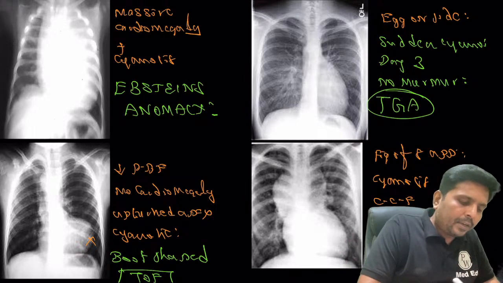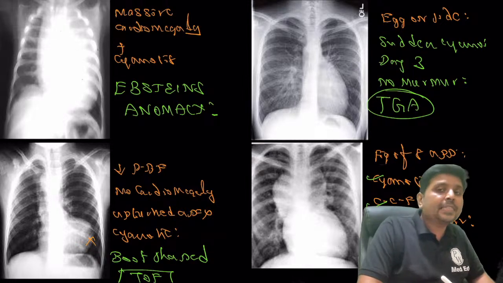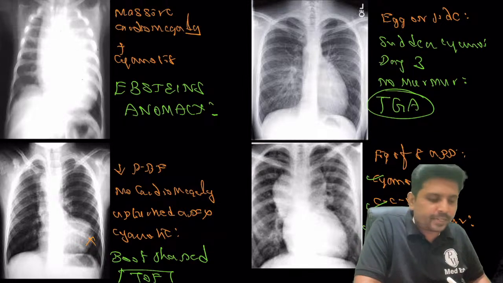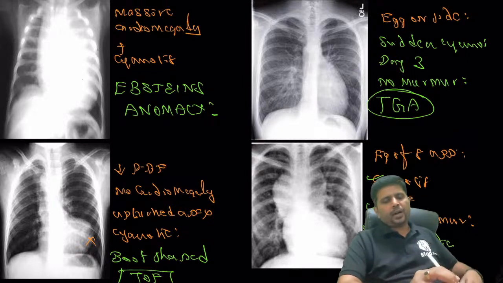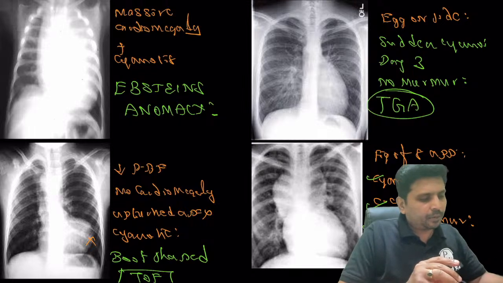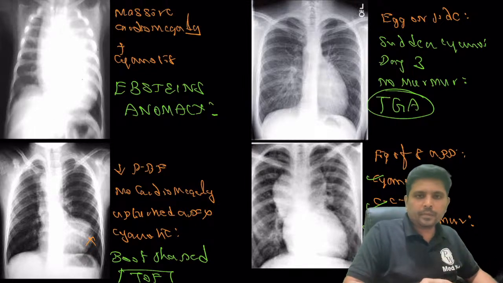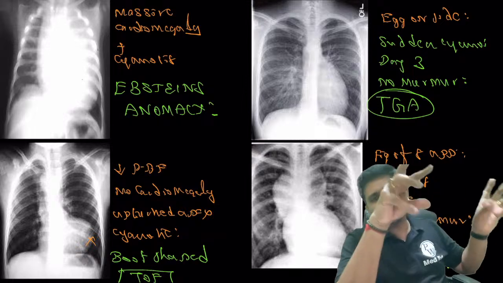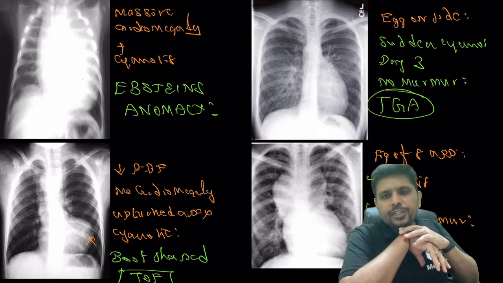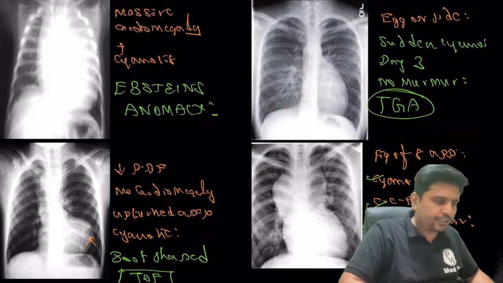Finally, when you have the combined triad of cyanosis plus CCF plus ASD murmur, which is a fixed split S2, along with the figure of 8, it is called supracardiac total anomalous pulmonary venous connection. So these are all the X-rays that can potentially be asked in your entrance examination.